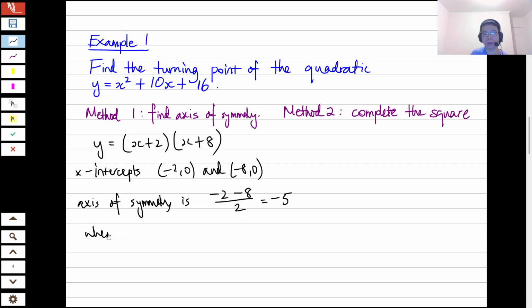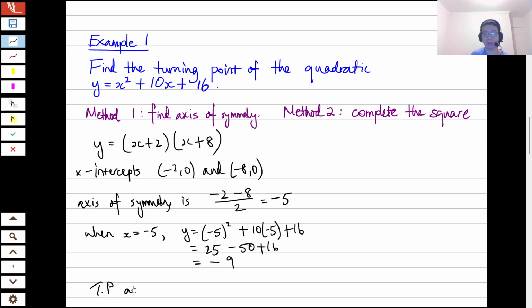So when x equals -5, y equals -5 all squared plus 10 times -5 plus 16. So that's 25 minus 50 plus 16, which is -9. So the turning point is -5, -9.